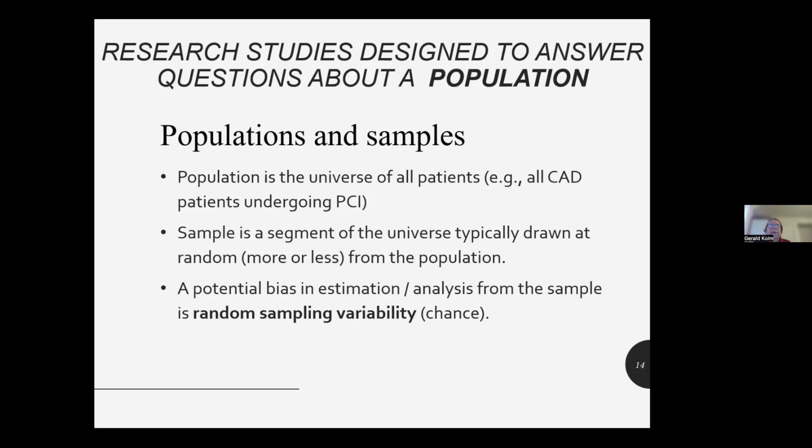And this is where statistics comes in, basically quantifying the random sampling variability. It gives us an index of whether we could say that the chance that random sampling variability has affected our results is very small, or maybe we can't make that statement. And so we get into the concepts of statistically significant or statistically not significant.